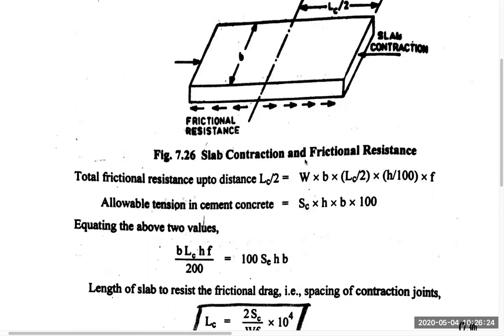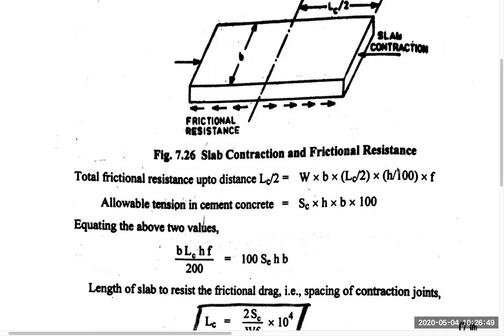Okay. They have considered these values wherein W is represented by the self weight of concrete and B is the width of the concrete, the slab width in meters, and L is the length of the cement concrete pavement in meters, and H is the thickness.